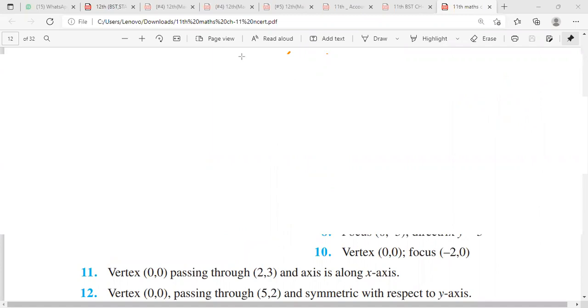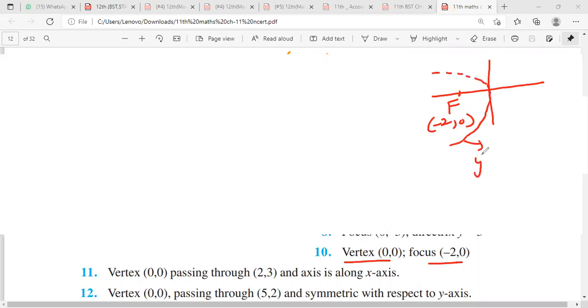Question number 10 is vertex is 0, 0 and focus is -2, 0. So focus will lie on the negative x-axis. So the parabola will be leftward parabola. And its equation will be y square is equal to -4ax.